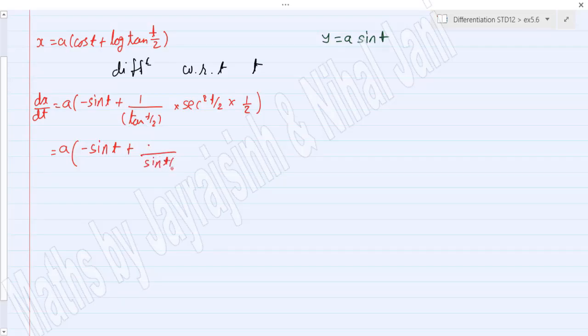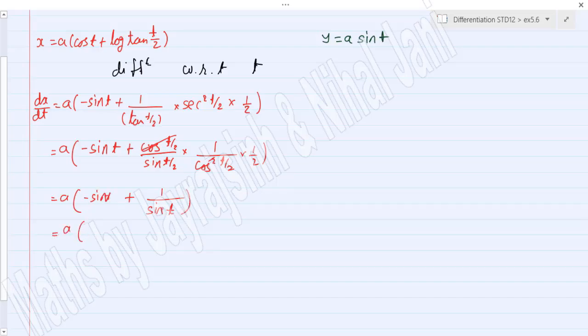So sin t by 2 upon cos t by 2 into sec square t by 2 can be rewritten as 1 upon cos square t by 2 into 1 by 2. So 1 power of cos will cancel out. We'll get 2 sin t by 2 cos t by 2, which can be rewritten as 1 upon sin of double the angle, or we can say sin t. Your a and minus sin t will be as it is.